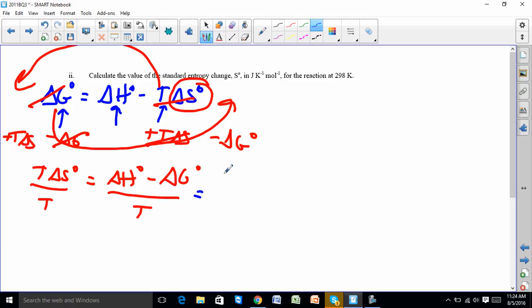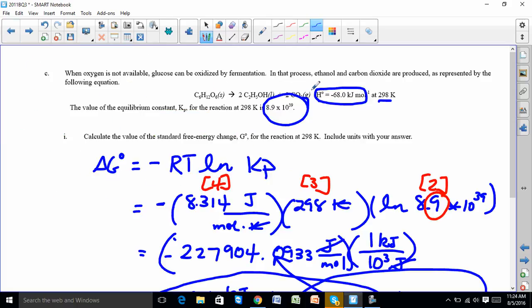They told you in the problem that delta H is negative 68.0 kilojoules per mole. And then we just figured out that delta G... so again, that's where I'm getting that. Delta H is negative 68.